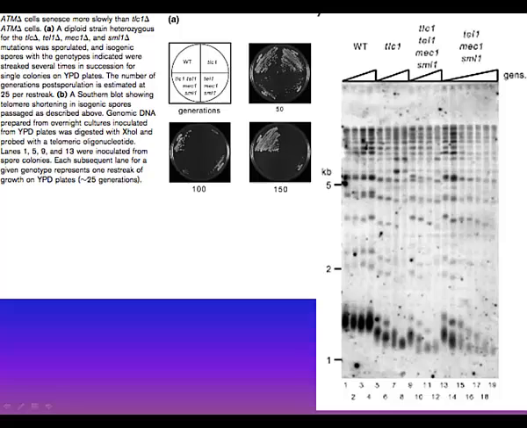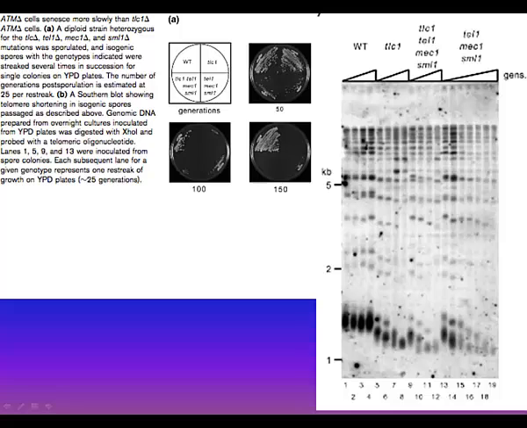So in the upper left-hand quadrant, we have wild-type cells, and in the other 3 quadrants, we have the cells that are telomerase mutants, and those are the ones that are run on the gel over here. So let's take a look at what's happening as the generations progress in the cells where the telomerase is active versus in the cells where telomerase is inactive.